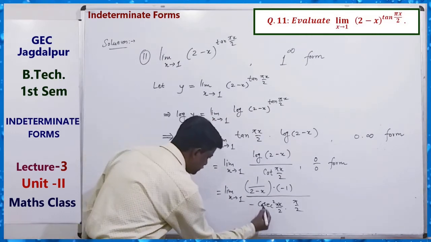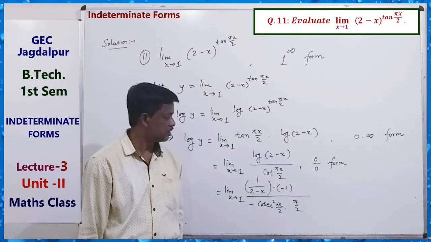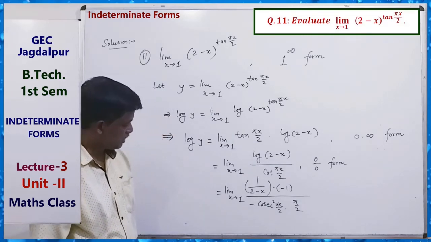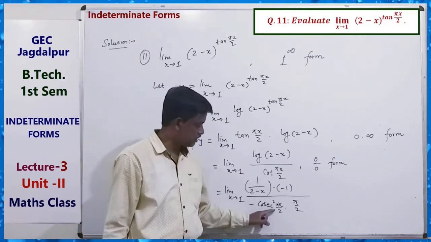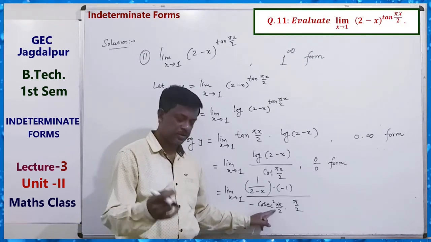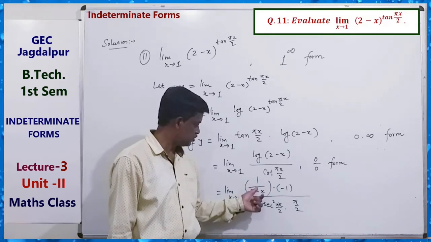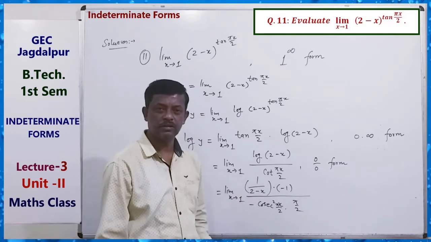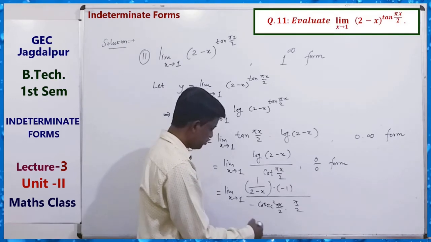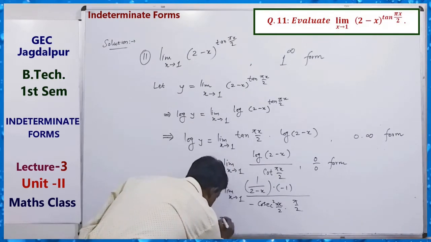Differentiation of cot x equal to minus cosec square x. Now here we see that x tending to 1, cosec 90 is 1/sin 90, which is 1, so cosec 90 also 1. If this is 1 and this is also 1, so we can calculate the value. So here minus minus plus, 1 by 2 to 1 upon pi by 2. So 2 by pi is the value.